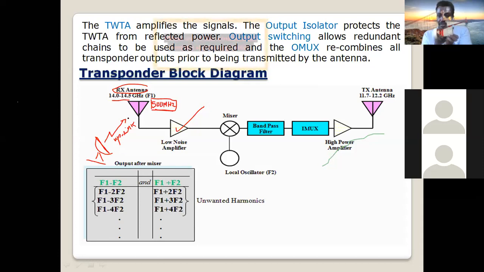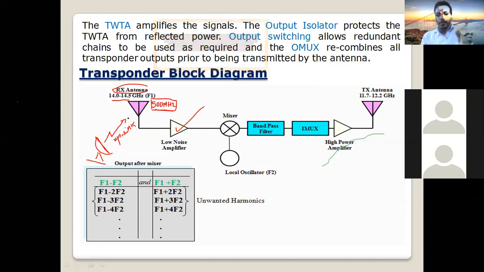It is transmitted through this waveguide to the LNA. So the LNA amplifies both the signal and the incoming noise. It does not reject the noise. Everything which comes from the antenna side is transmitted through the waveguide and amplified here. So you will get the output at this point. This is our output of the low noise amplifier.